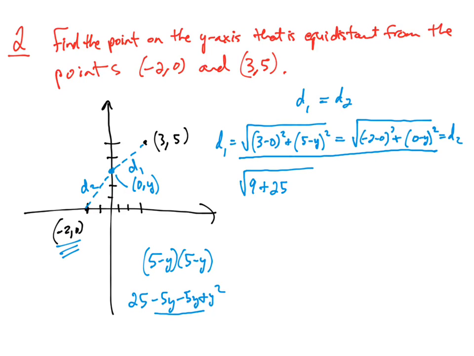These middle terms combine. So 25 minus 10y plus y squared is equal to the square root of, well, negative 2 minus 0 is negative 2. Negative 2 squared is going to be 4. And then 0 minus y is negative y. Negative y times negative y is positive y squared.